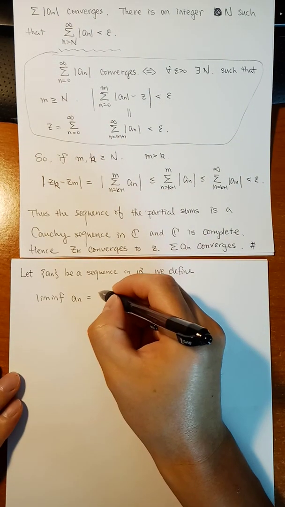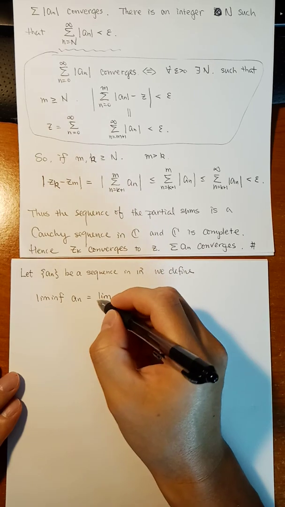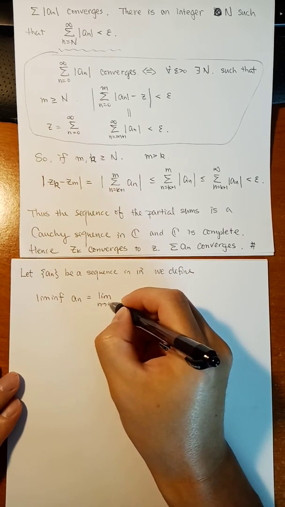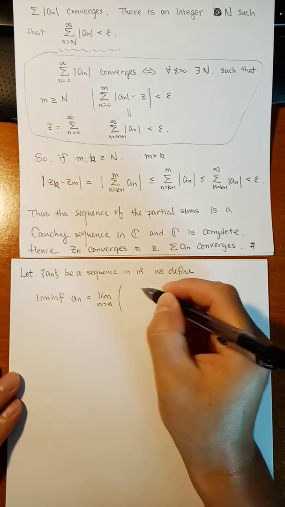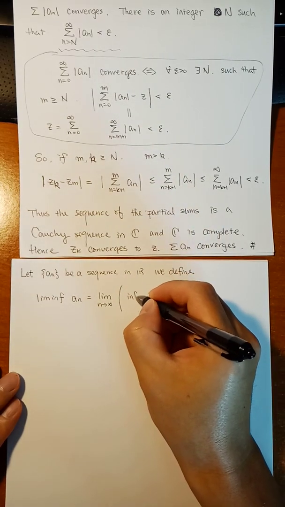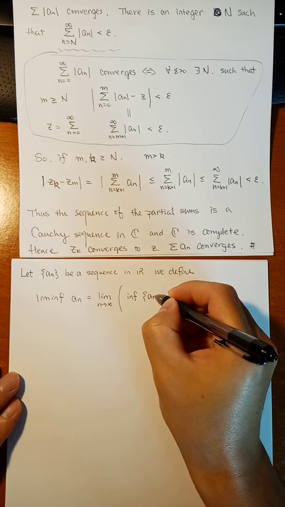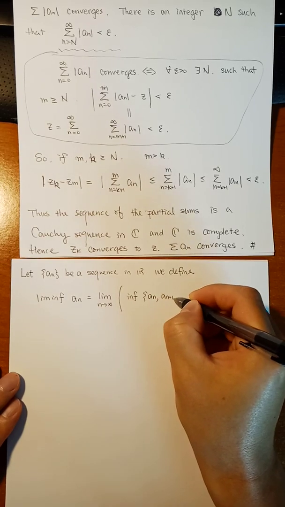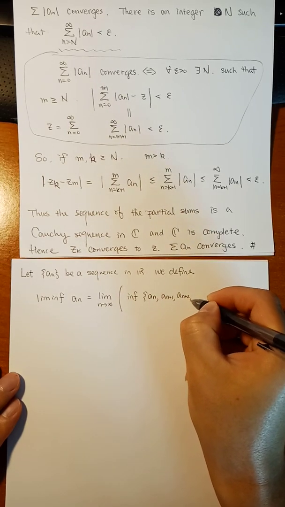Okay, so here, first, let's see the definition. The limit as n approaches infinity of the infimum of an, an plus 1, an plus 2, and so on.